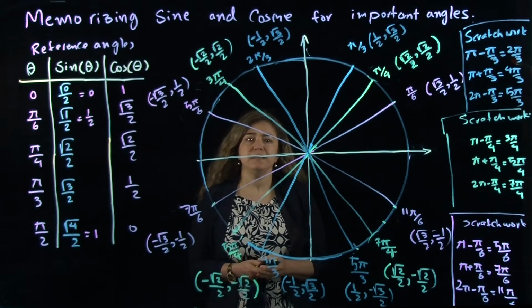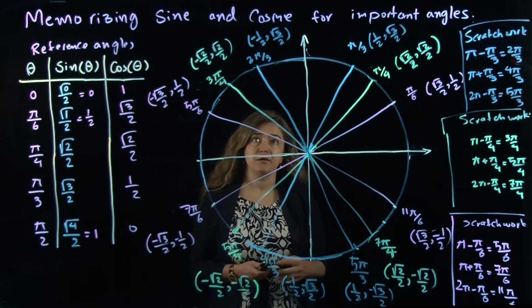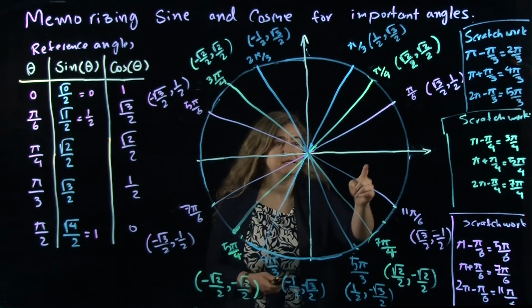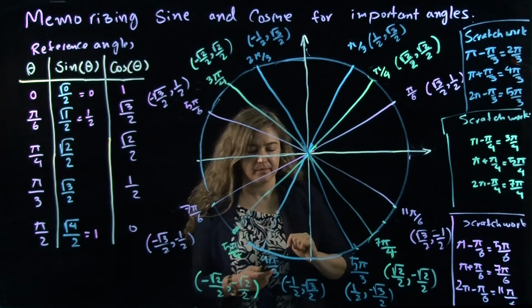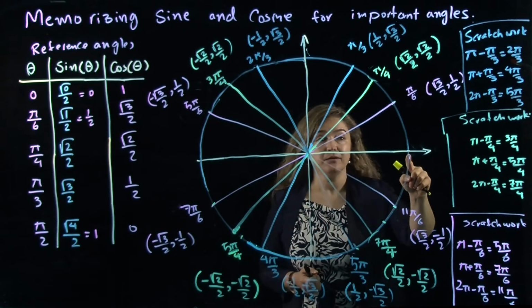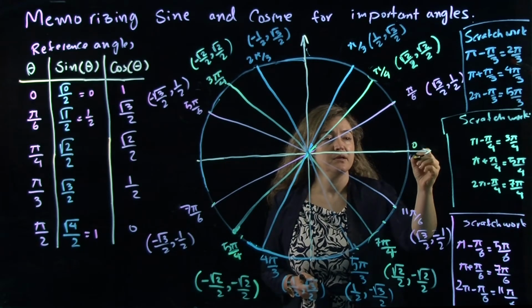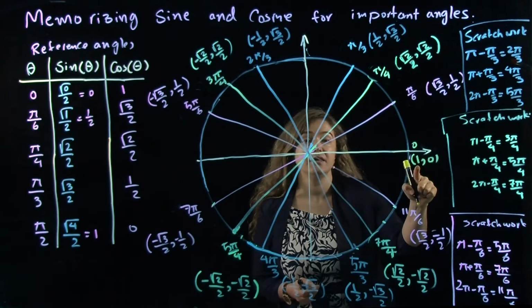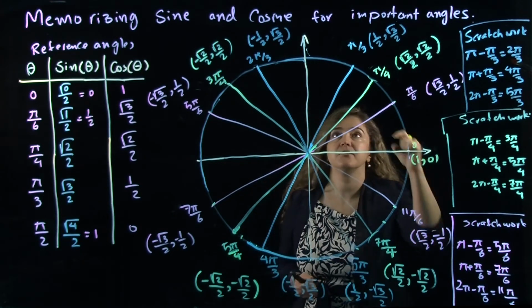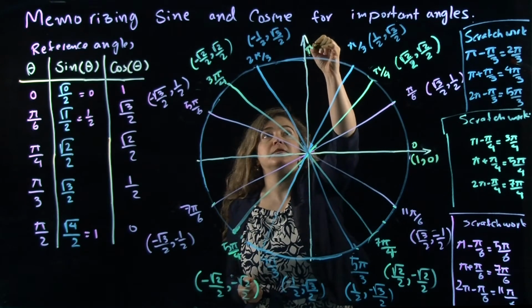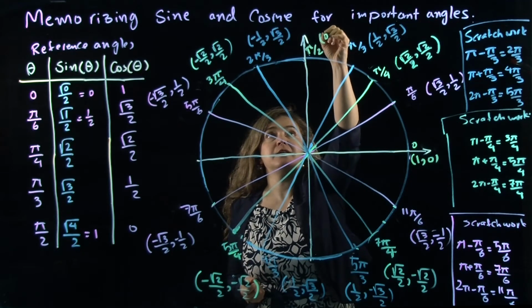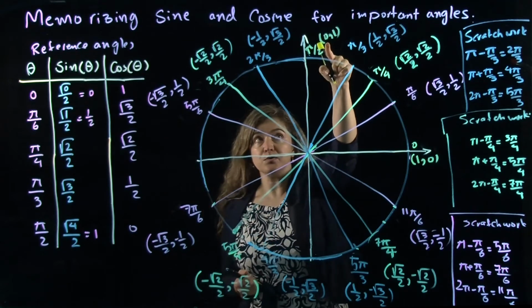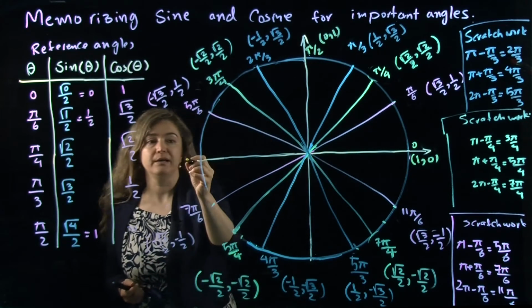Now, the next question is, how about these endpoints? Okay, this one is angle 0, and that is 1 and 0, so cosine is 1, sine is 0. This one is angle pi half, and 0 and 1, so cosine 0, sine 1.